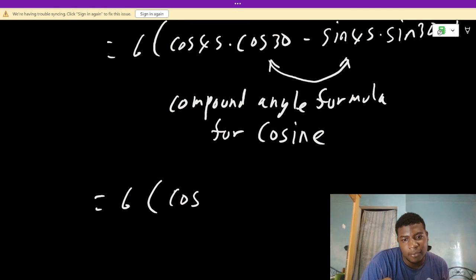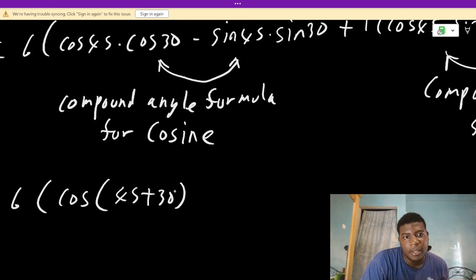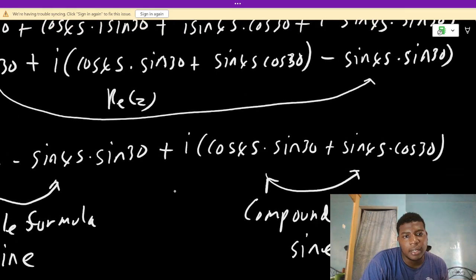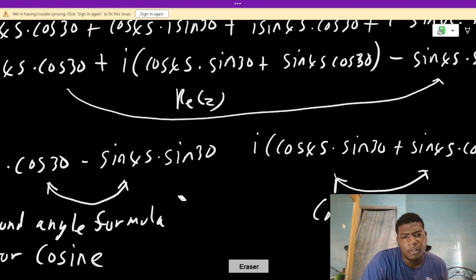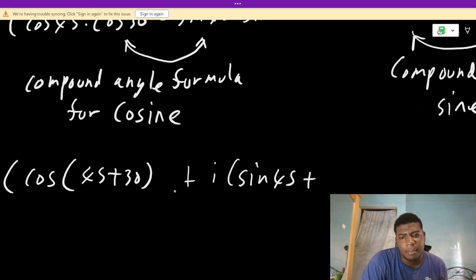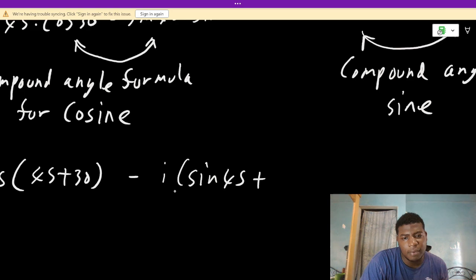This will be cos. Let's simplify: cos 45 plus 30, and this here, my friend, simplifies to i sine 45. Well, it should be negative. If it's negative, it should be minus sine 45 plus 30. I'll put that in brackets.